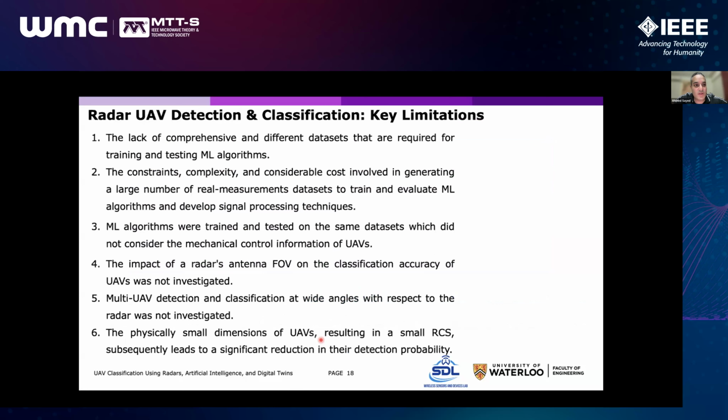According to the literature, there are 6 main limitations at the beginning of this research that need to be addressed to enhance the detection and classification of drones using radar systems. First one, the lack of comprehensive and different datasets that are required for training and testing machine learning algorithms. As you know, to train machine learning models, we need a lot of data.